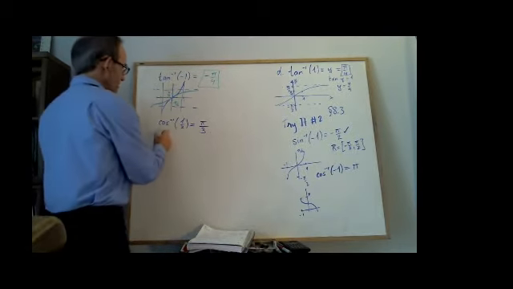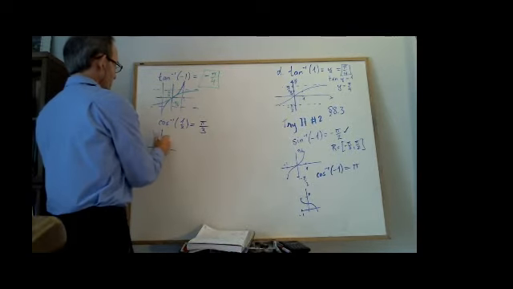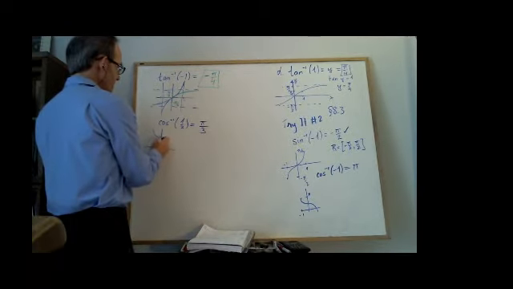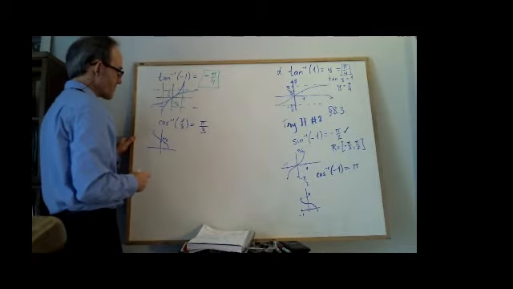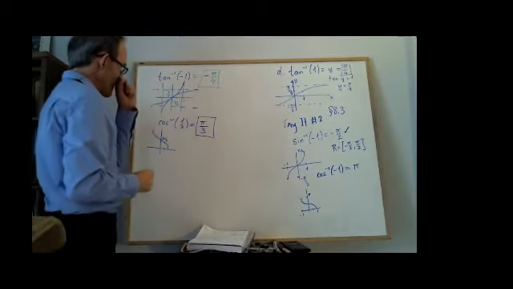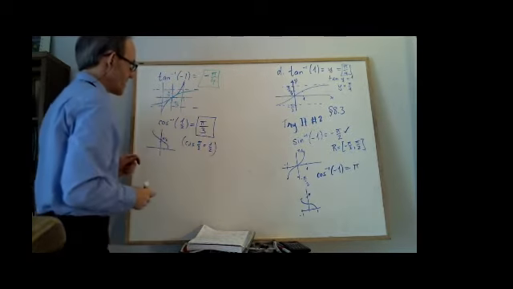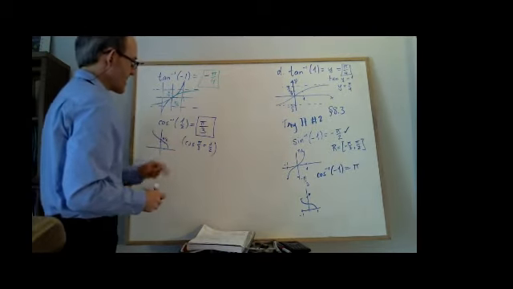It's not so clear if you draw the graph. 1/2 will be here, so you can tell it's going to be a positive value, but it's not totally clear that it should be pi over 3, but it is. If you just remember the cosine of pi over 3 is equal to 1/2, it's basically the same thing.